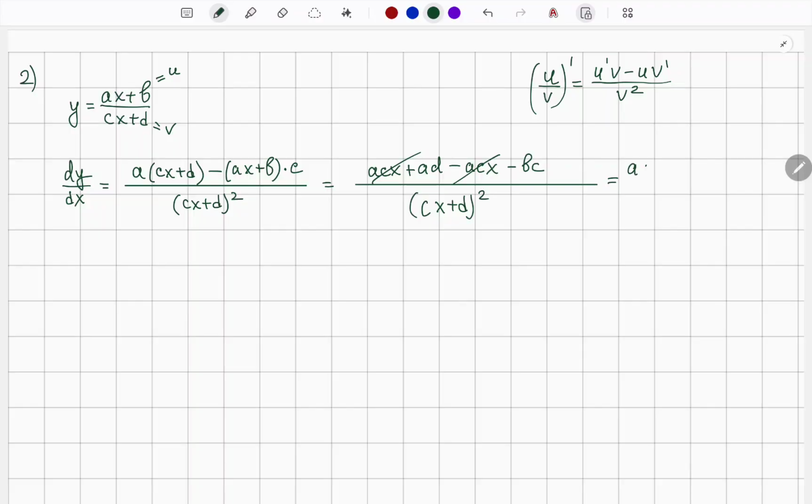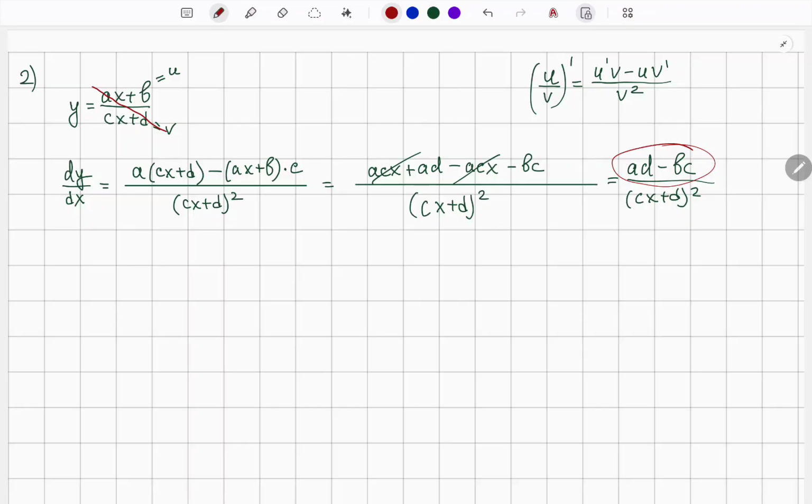So ad minus bc divided by cx plus d squared. But the most brilliant stuff about this rule is that ad minus bc can be easily found from the original notation of the rational function. Look at that.